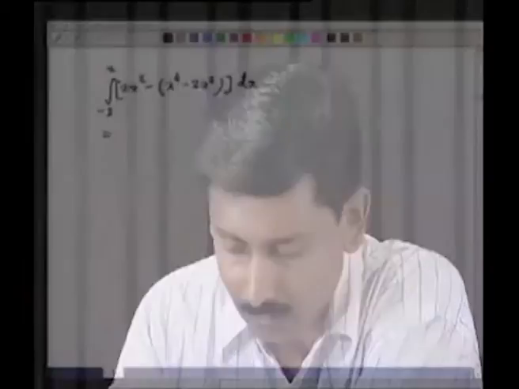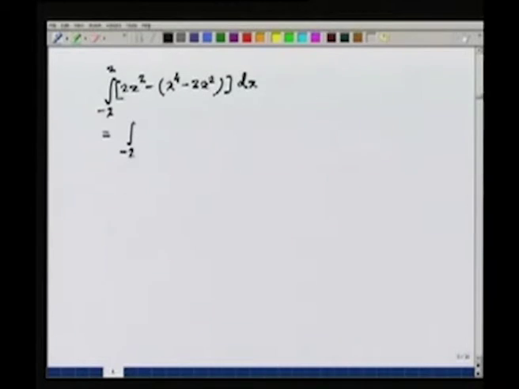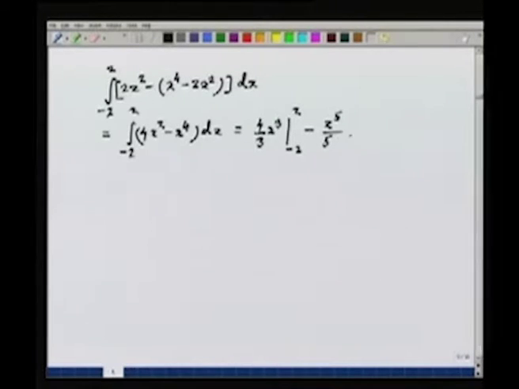So using that, what I will get is the integral from minus 2 to 2 of 4x square minus x to the power 4 dx, that is 4 by 3 x cube from minus 2 to 2 minus x to the power 5 by 5 from minus 2 to 2. Now you just put the values, the answer will come out. We don't want to do the exact calculation, but this is the way you can find the area between two curves if the curves are given to you.